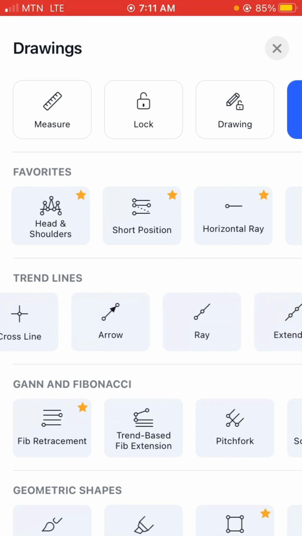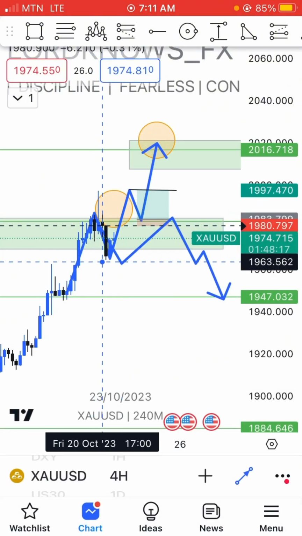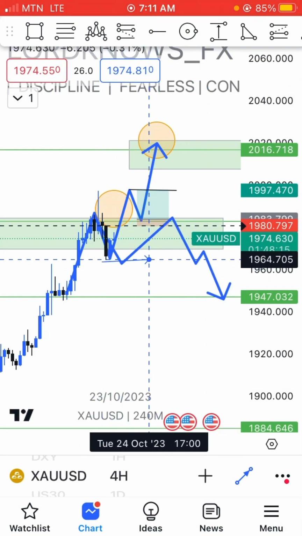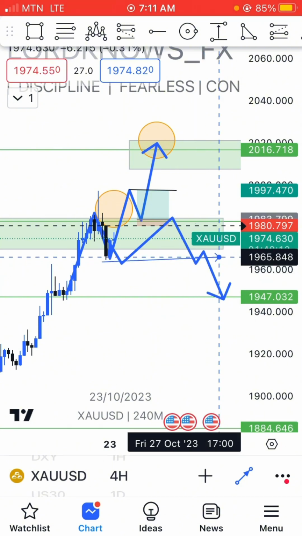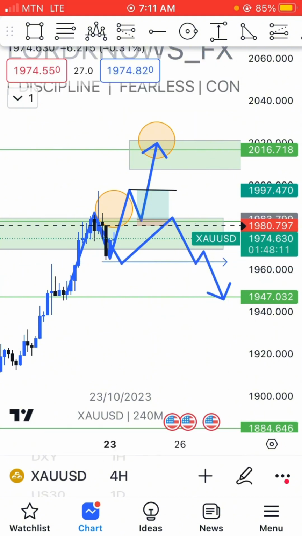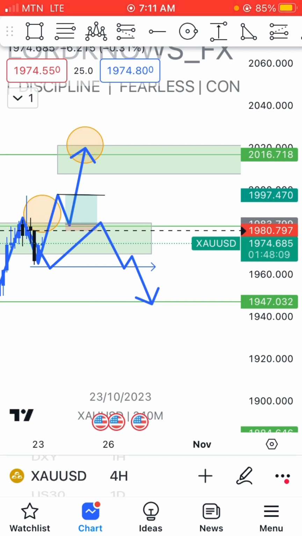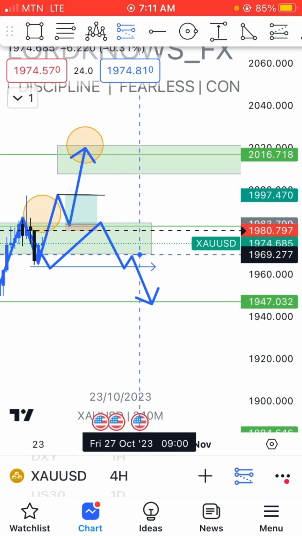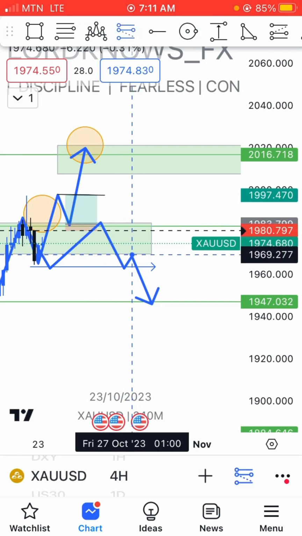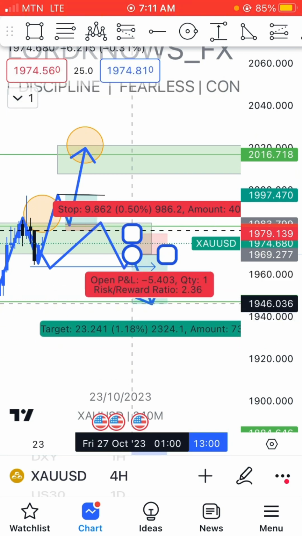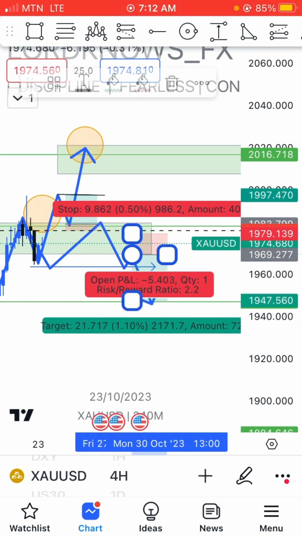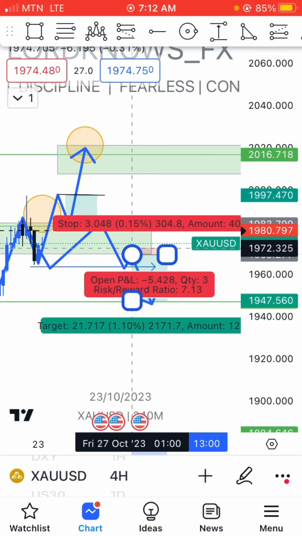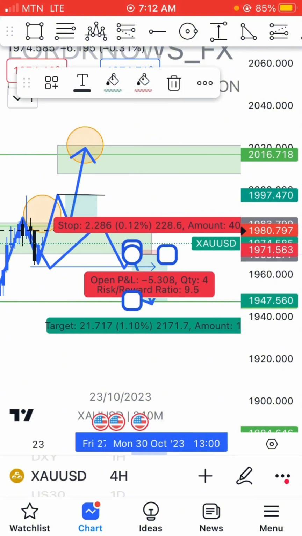You have to wait for the market to break this level, and wait for the pullback before you do your entry. So your entry for the sell can be here. So that's the entry price. So let's say to this side, you see.